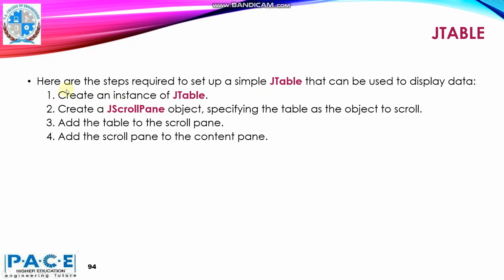Once we have created the JTable, we create a JScrollPane object, and in its constructor we pass the JTable object we just created, so that it will make the table scrollable.